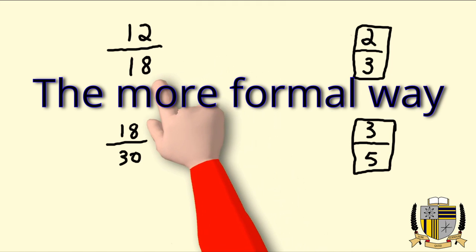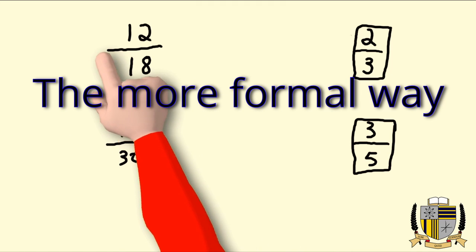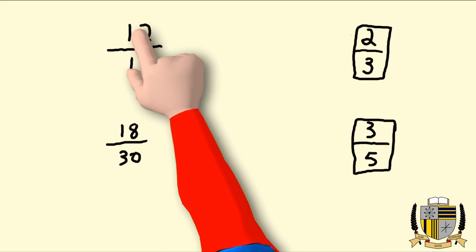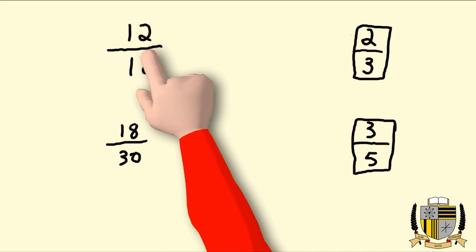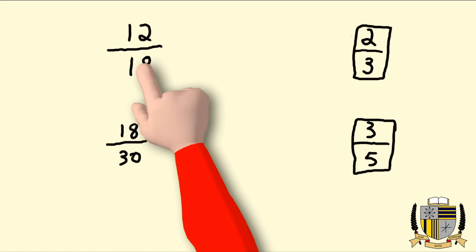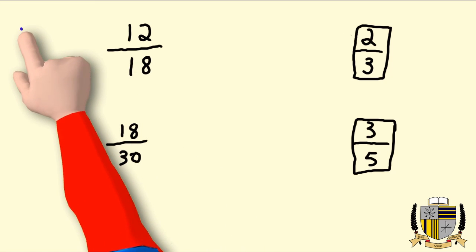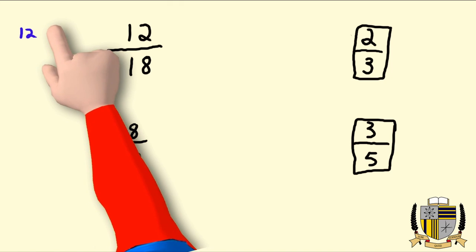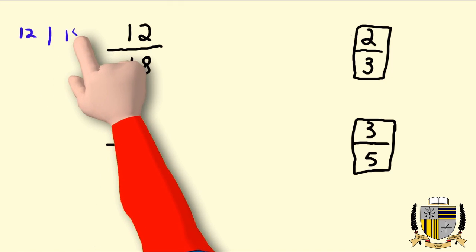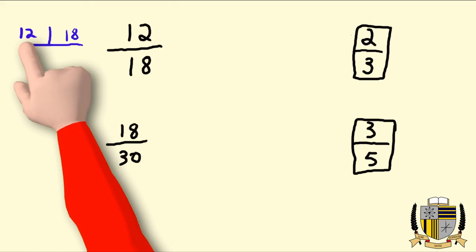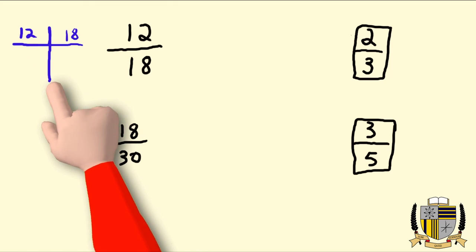So this other way is finding the greatest common factor between these two numbers, the numerator and the denominator. So let's look at the factors of 12 and 18. And we're going to look for the greatest that is common among them.